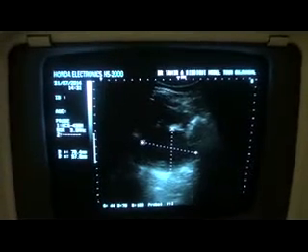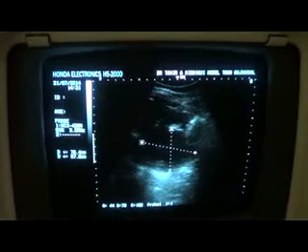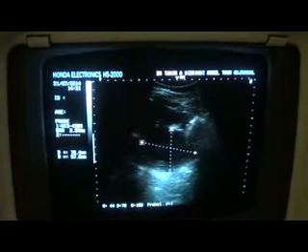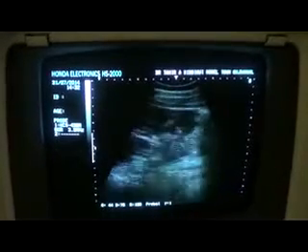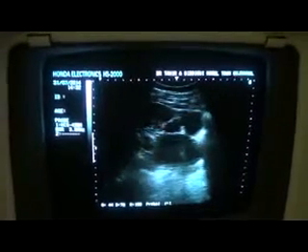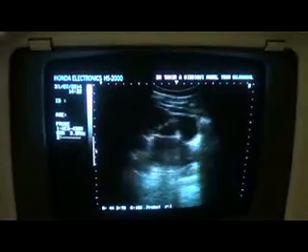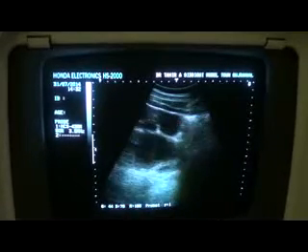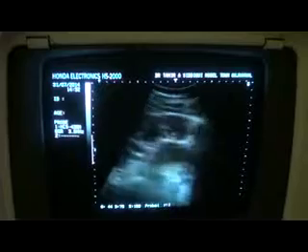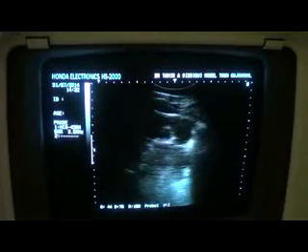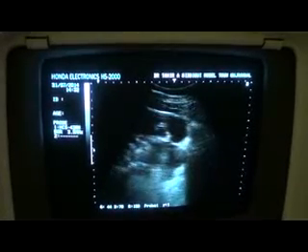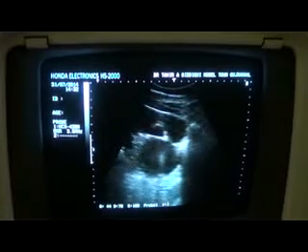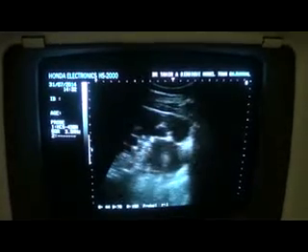So measuring 7.6 by 5.7 centimeters is the renal pelvis, and from here onwards the proximal ureter is difficult to be traced because of the bowel gases. However, the proximal ureter is not dilated.